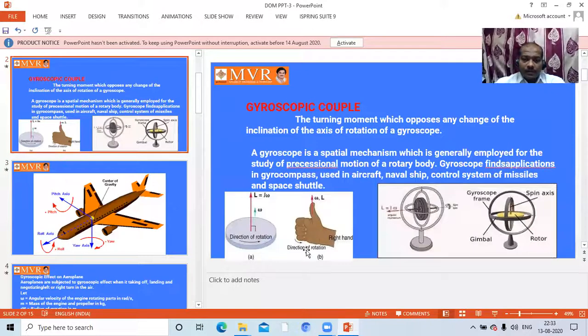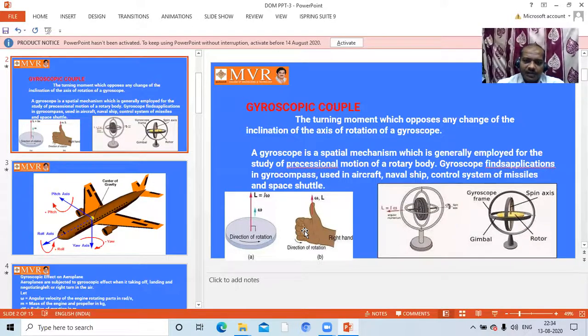picture. See, if you observe how the gyroscope couple will act, the direction of rotation is like this. If you take our right hand rule, the four fingers are folded like this, and we project our thumb. The thumb indicates the precessional axis of the motion.